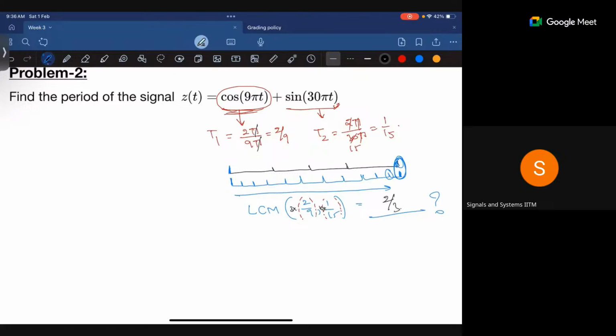So what this means is, you take 3 time periods of this signal, and within these 3 time periods, our sine 30 pi will do 10 cycles.